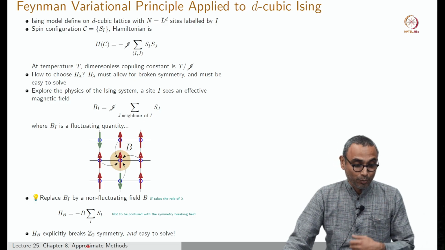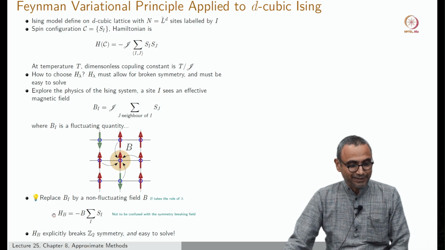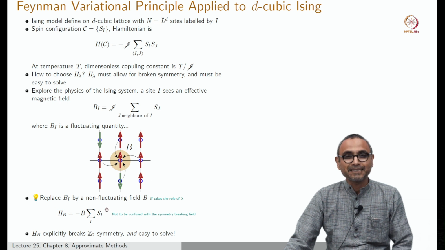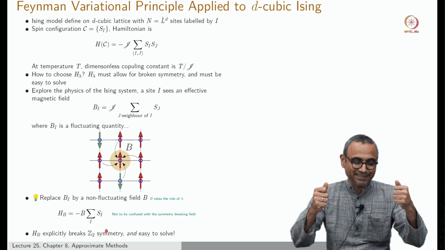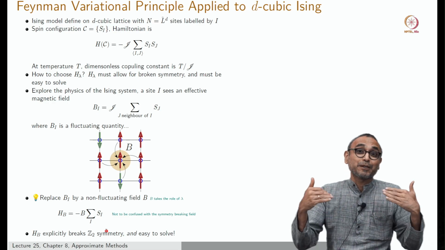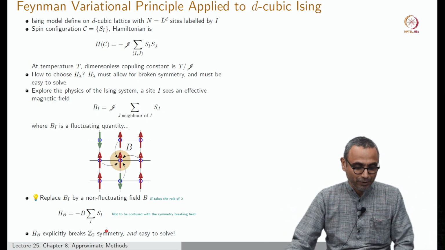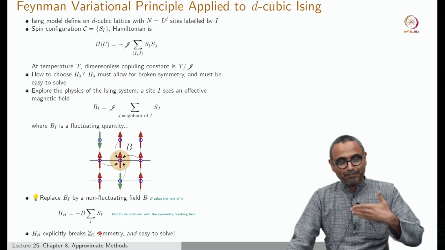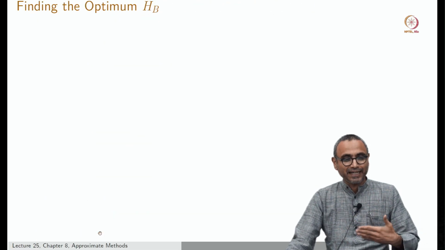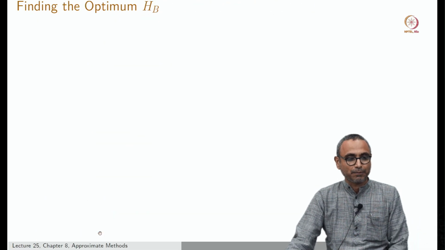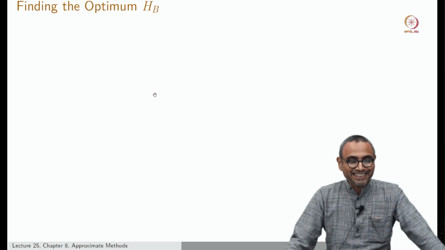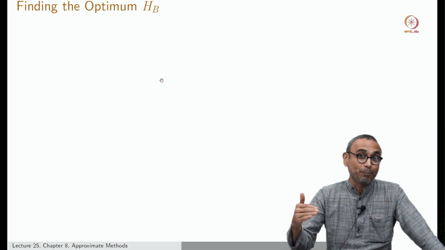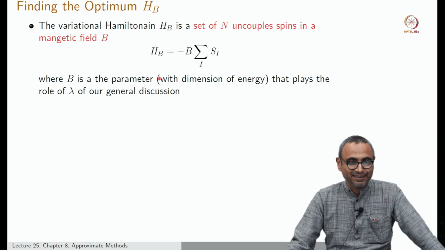Now you will realize after a little bit of thought that this is a problem that you can solve. If you give me a set of independent spins sitting in a magnetic field, you will be able to solve that problem. So let us see how to make headway and how to try to get some solution of this problem. We would like to find what is the optimum H_B, what should be the value of B which will optimize the free energy.